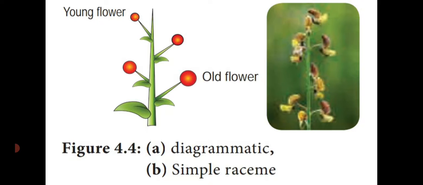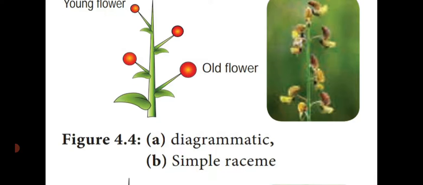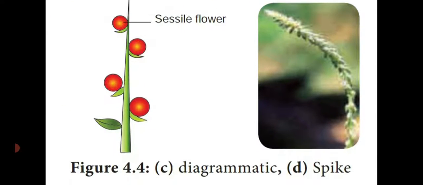The old flowers are at the base, young flowers towards the apex. The main axis is unbranched, no branches. The flowers have a long slender stalk, known as pedicellate flowers. That is simple raceme.